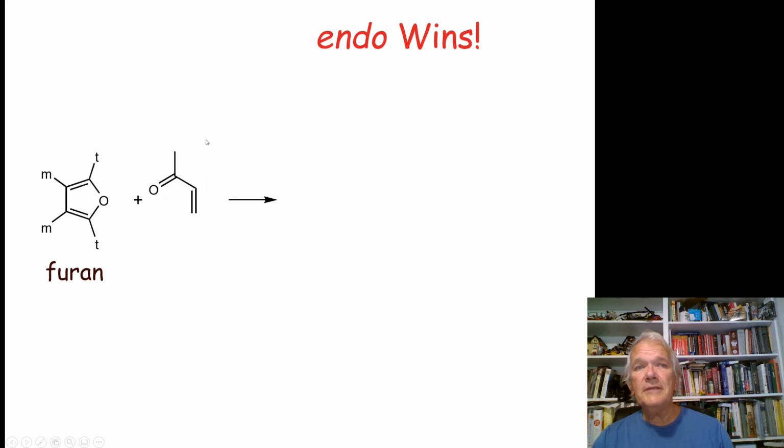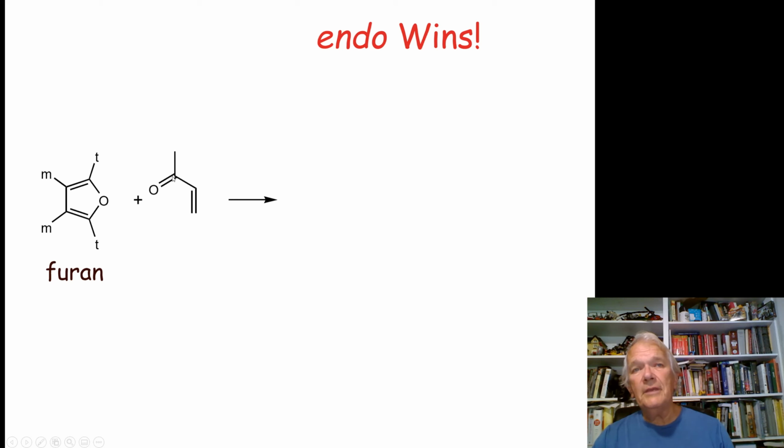So here, let's do an example. Now this is a strange diene because it's bound with this oxygen, which of course makes it a very good diene because it's held in the cis configuration. Again, this oxygen is a very good electron donating group, and it's on the N carbons. That means there's no directional preference.